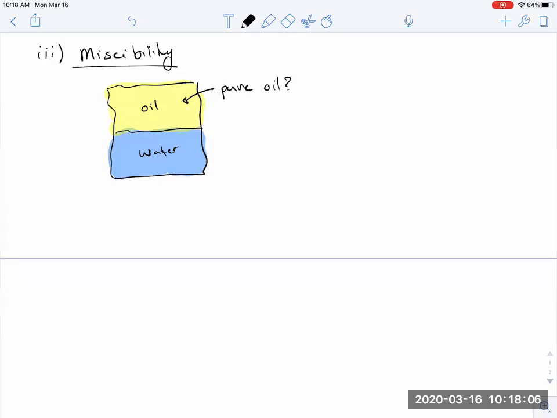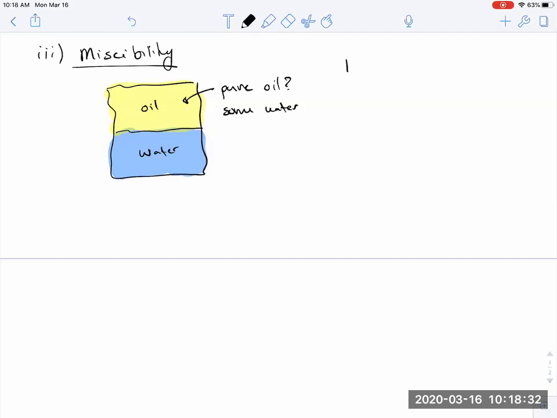Would I only find oil? No, actually there is some chance that there is some water. Water is miscible in oil, just not to a large extent. It's not miscible in all proportions, but there is some number of molecules which will be in that oil at any given time.